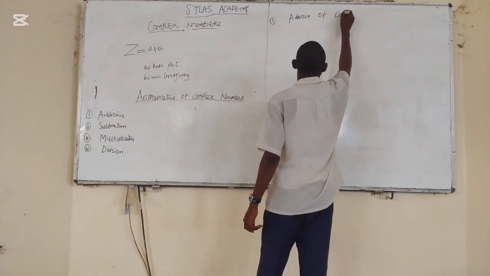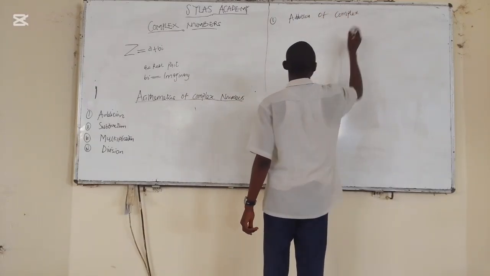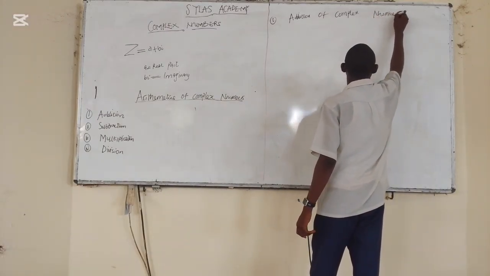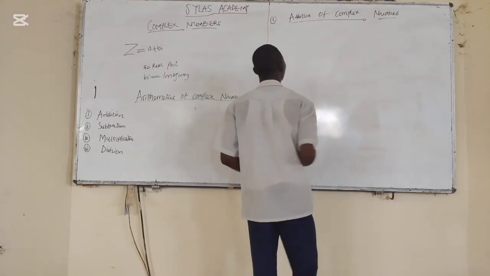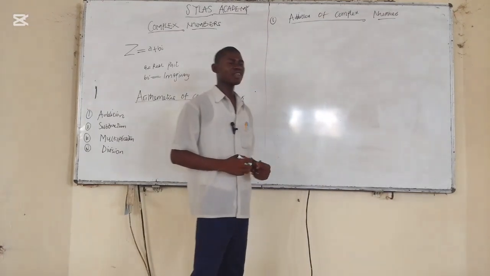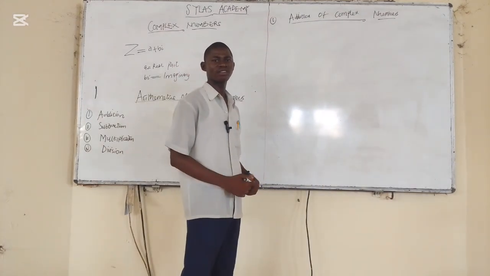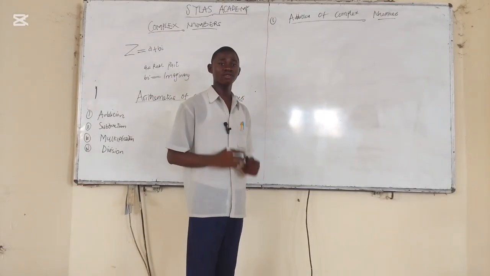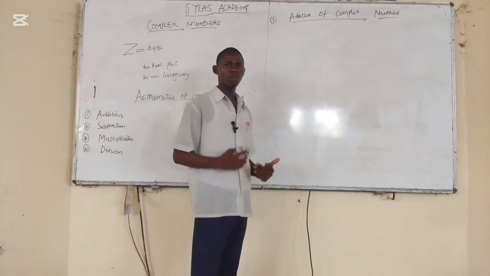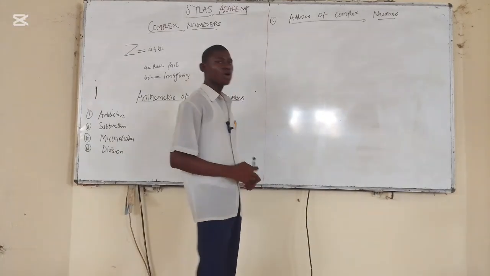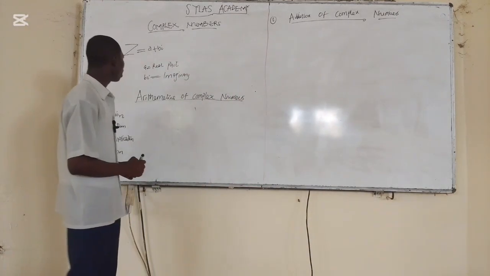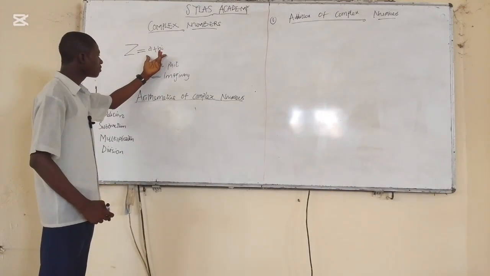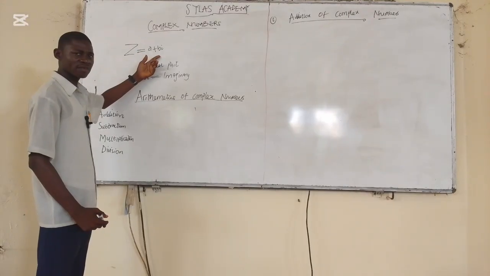Addition of complex numbers. Now, how do you add complex numbers? Before I proceed, at the end of the class, I'm going to tell you one very important thing. So go follow. How do you add complex numbers? Now, we have verified that a complex number is given by this expression. And so it has two parts, the real part and the imaginary part. Are you following now?